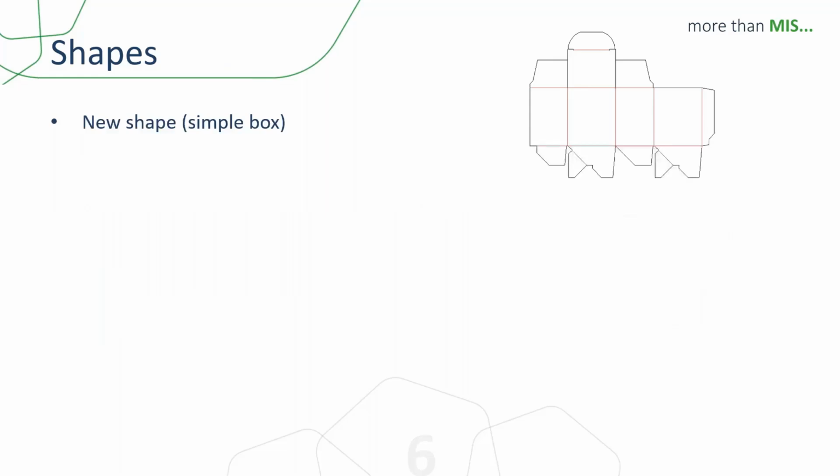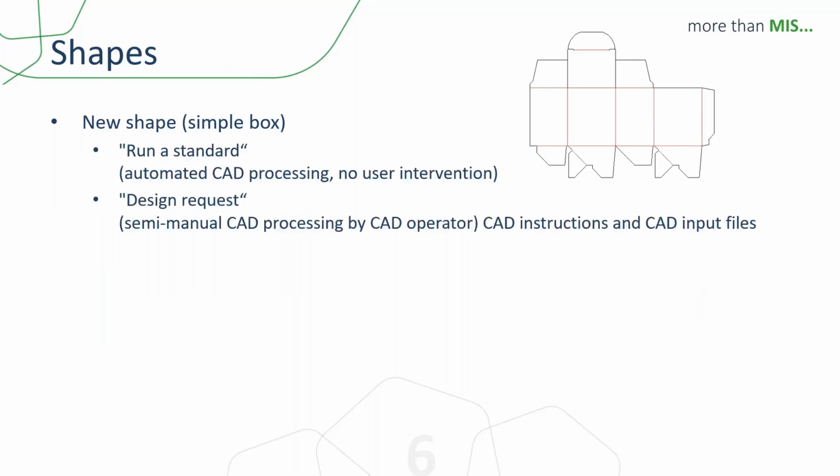Okay, let's start with the shapes. The first chapter will be about simple boxes. So we will show you the new shape wizard. Basically, there are two different shape creation integrations with CAD. One is called Run a Standard, which is an automated CAD processing solution. No user intervention is needed on the CAD side.